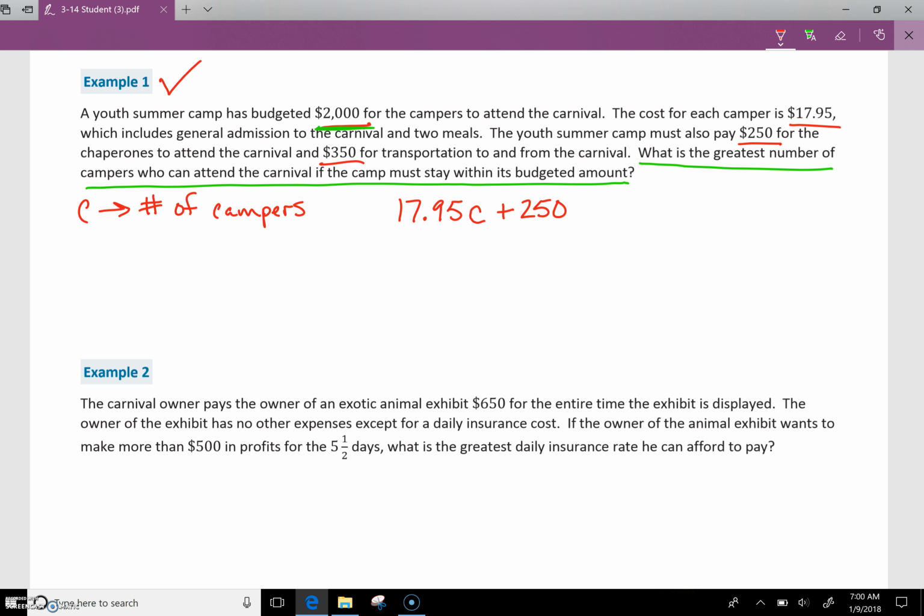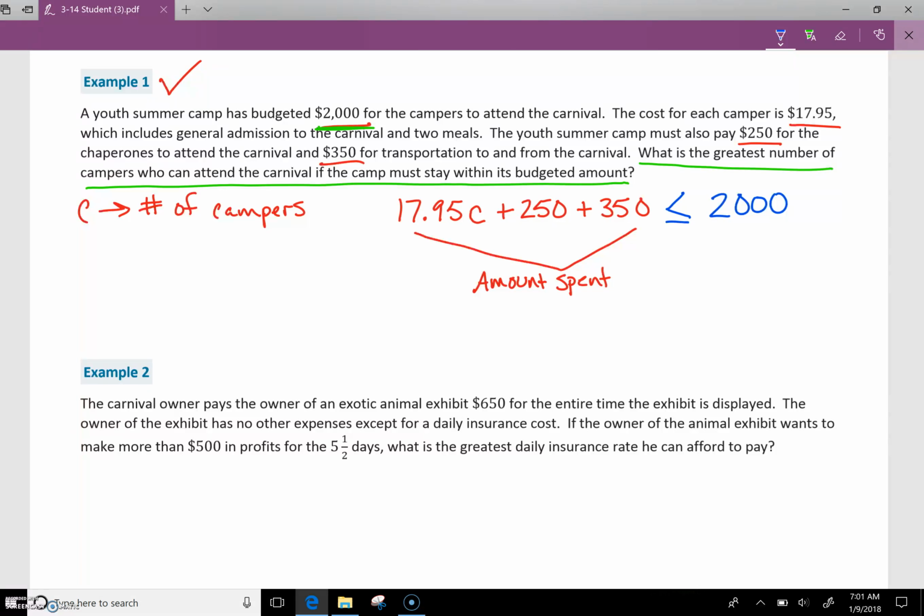We know they also have to pay $350 for transportation for the buses. So we have created an expression right here, and what this expression represents is the amount the camp will spend. Because they're going to spend $17.95 per kid, $250 on the chaperones, and $350 on the buses, that amount has to be less than or equal to their budget of $2,000. So once we do that, we have our inequality built.